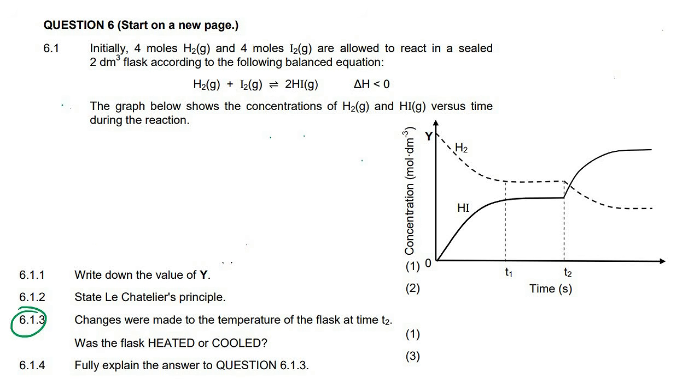All right, this question says that changes were made to the temperature at T2. So at T2 over here, a human being comes along and does something to the system. I want you to listen very carefully in this question, because I've had learners comment on some of my videos in the past about equilibrium and especially the temperature part, and they thought that I was saying the opposite of what their teacher was saying.